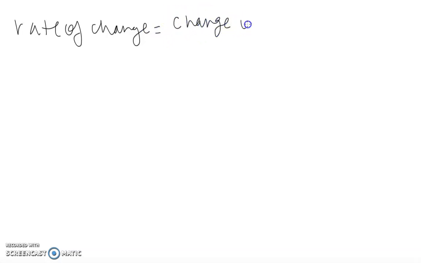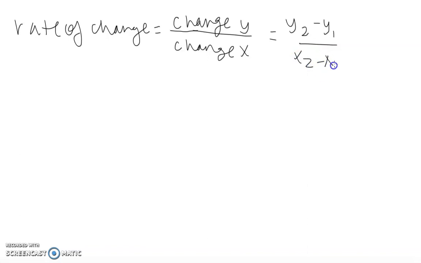Hey guys, so today we're gonna talk about interpreting rates of change and slope. So the first thing you want to know is that a rate of change is equal to the change in y over the change in x, which means y2 minus y1 over x2 minus x1.